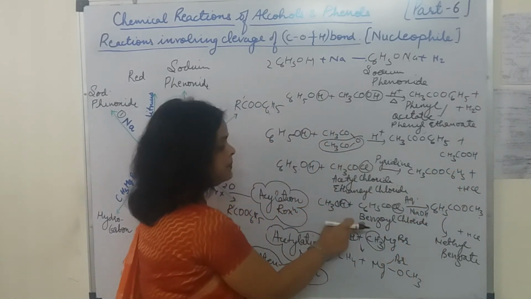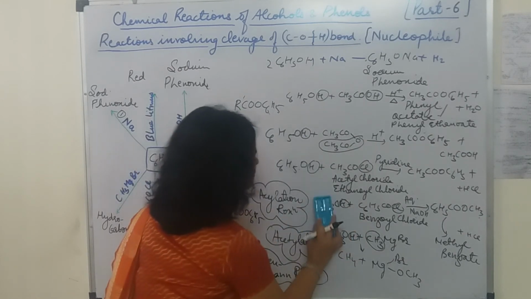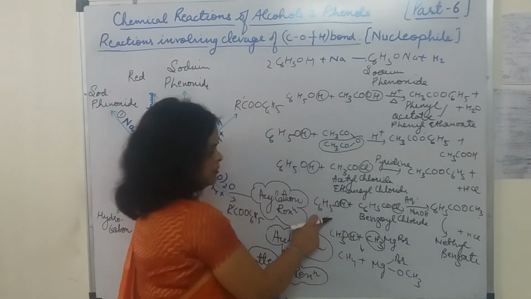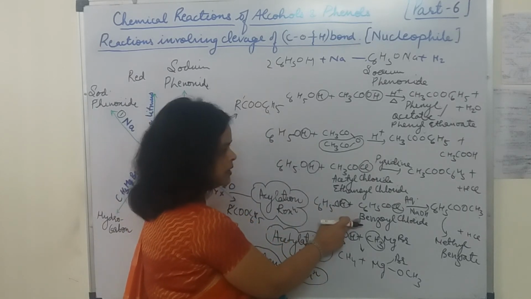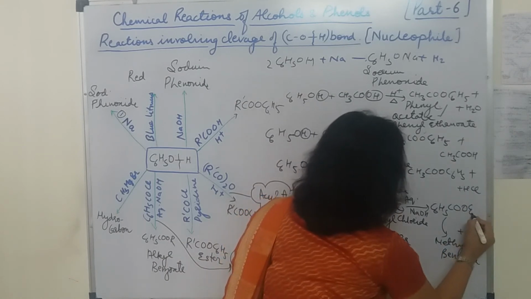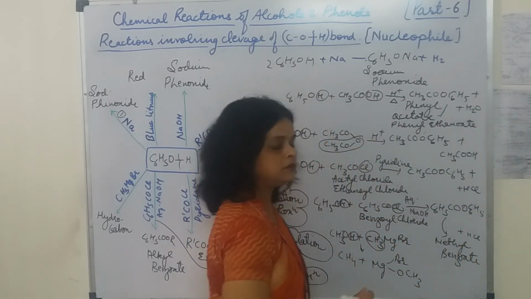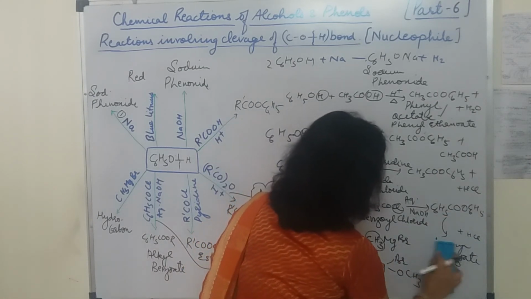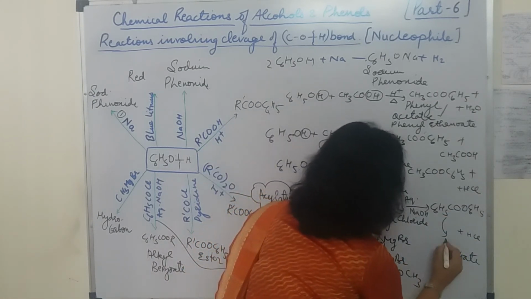When it combines with benzoyl chloride, here we were taking methanol, so now we are taking phenol. Phenol, when it combines with benzoyl chloride, we are going to get, what is the name of this compound? Phenyl benzoate. Instead of methyl, what will you write? Phenyl benzoate.